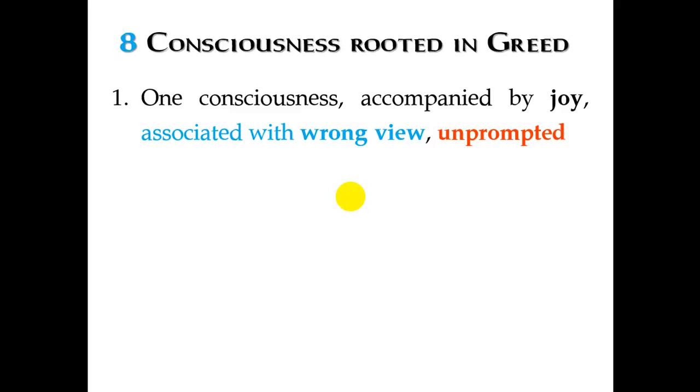But we have four hatred group cetasikas, mental factors. We are talking about greed, right? So when we are greedy, we are not angry, right? If you are angry, you will not get it. You will not get anything, right? So when we have a citta rooted in greed, no anger, no hatred group cetasika.